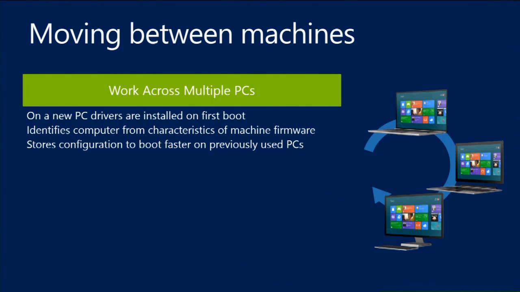On each new machine, it identifies the hardware, figures out if I need additional drivers from Windows Update to support the new machine, and then boots from that. Each additional time I boot on that same machine, it doesn't need to go through that process because it recognizes it, and it keeps a whole host of those in the registry, understanding which machines it's booted from. So the second time, it goes right through.